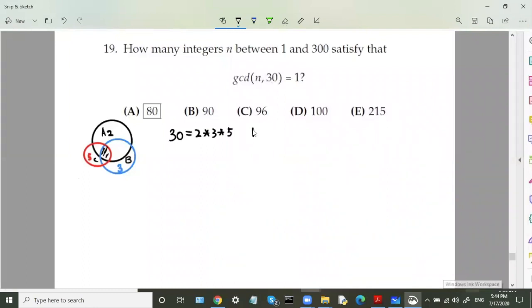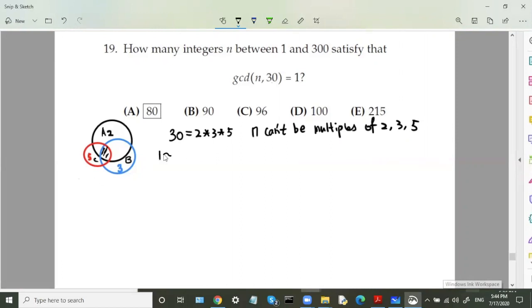So that means n can't be multiples of 2, 3, 5. So let's count how many multiples of 2, 3, 5 there are between 1 to 300.